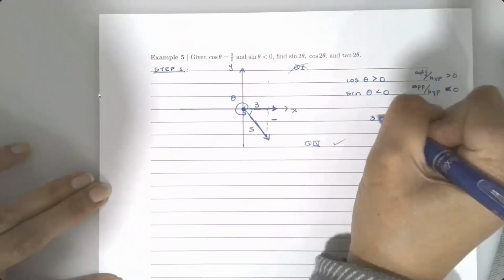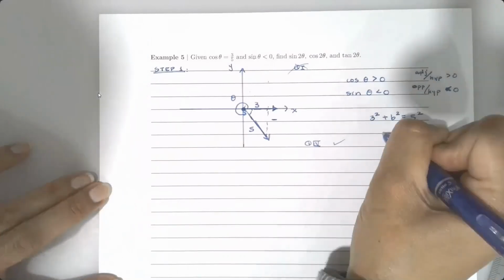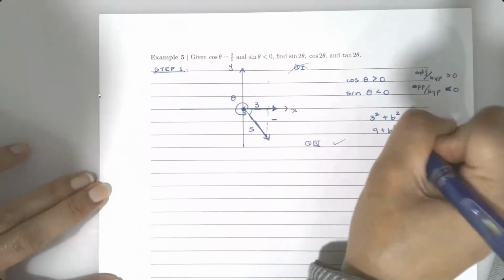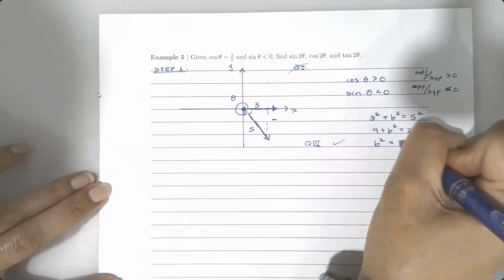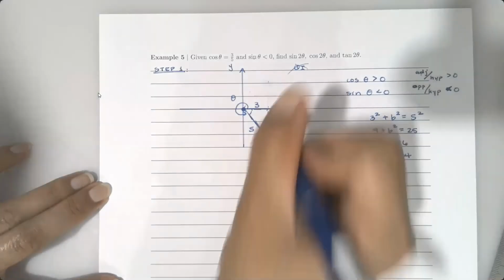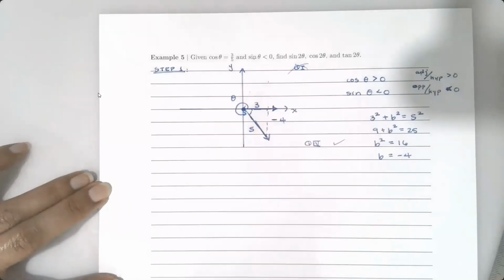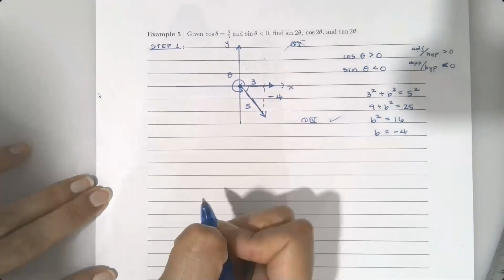We'll have 3 squared plus b squared is equal to 5 squared. 9 plus b squared is equal to 25. B squared is equal to 16. And that means that b has to be -4. So this here is -4. Questions there with the diagram?